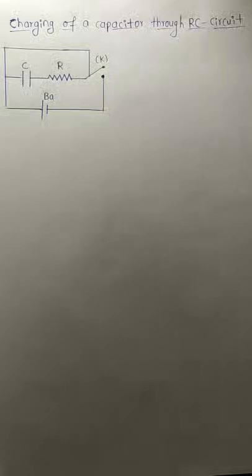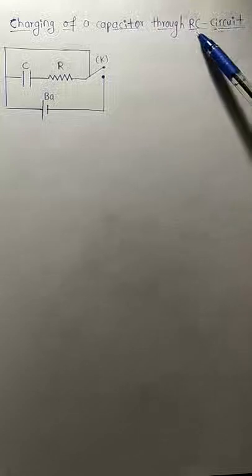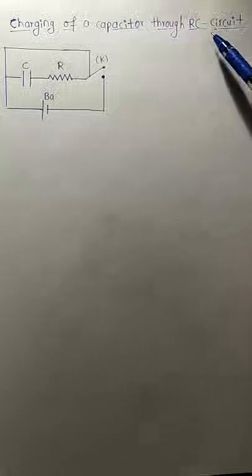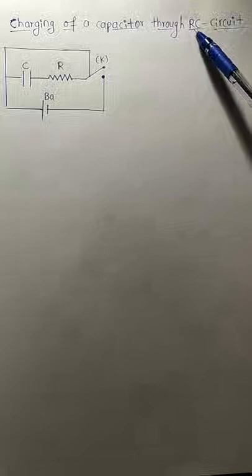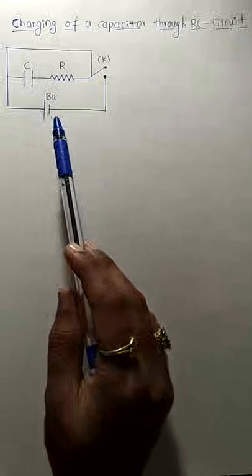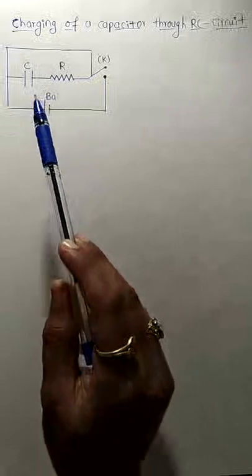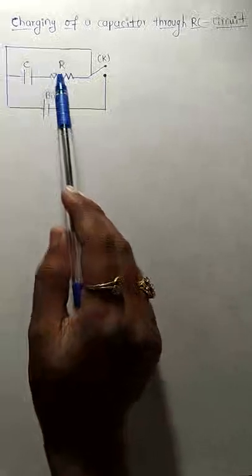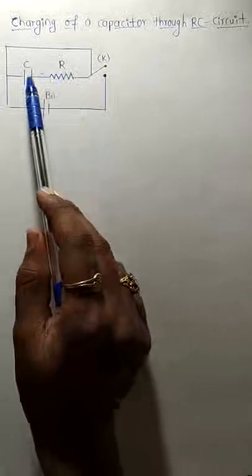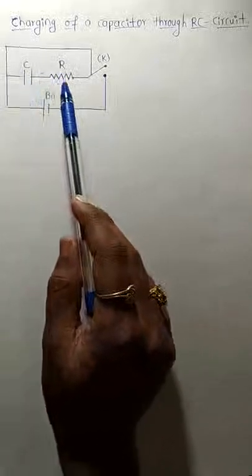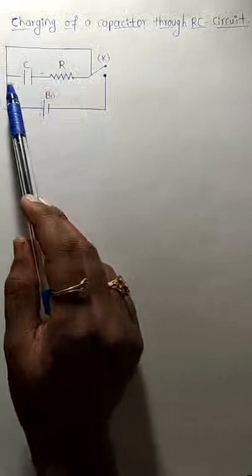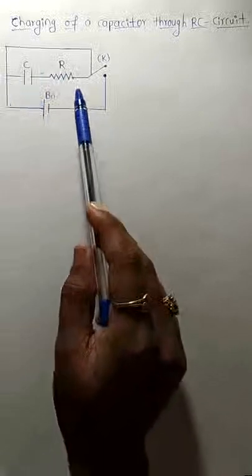In today's class we are going to discuss the next type of transient circuit, that is the RC circuit. As the name states, R means resistor and C means capacitor. In the RC circuit, if you observe the diagram, the resistor as well as the capacitor are connected in series, and these are connected to the battery and the plug key.